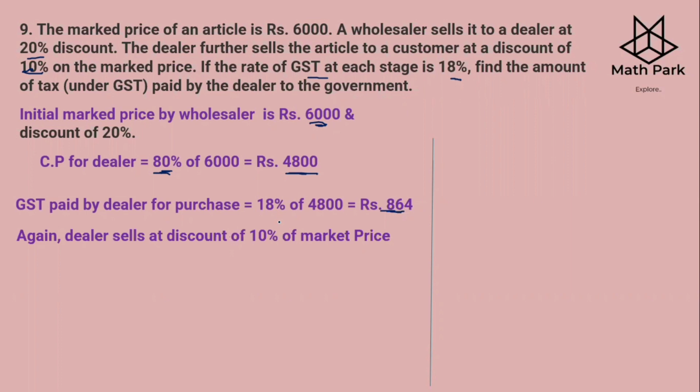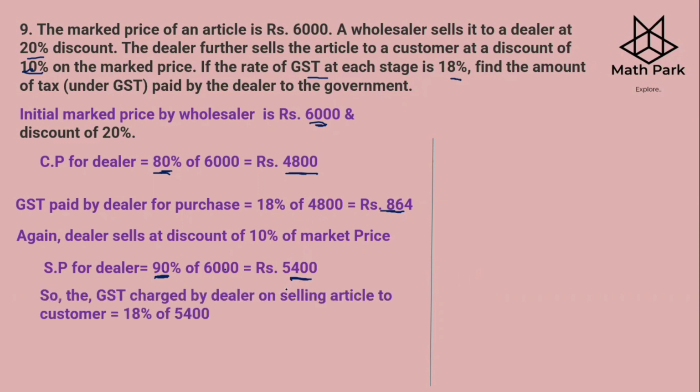Again, dealer sells at discount of 10% of mark price. So discount of 10%, that means we'll be finding 100 minus 10, that is 90% of 6,000. So 90%, again these two zeros will get cancelled and 9 6s are 54 and two zeros. So 5,400 is the SP for the dealer. Then GST charged by the dealer on selling the article to the customer is 18% of this amount.